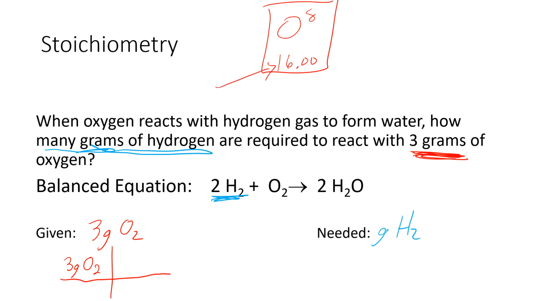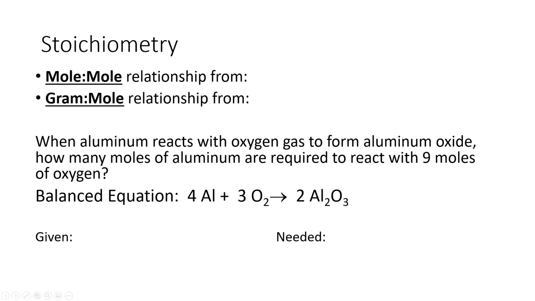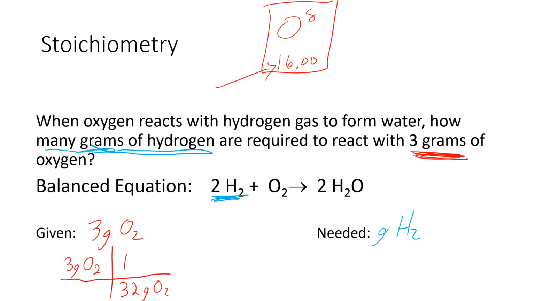So we're going to use that number there. And since there's 2 oxygens, we're going to need to multiply that by 2. So there's 32 grams of oxygen for every 1 mole of oxygen. Remember, anything on the periodic table is good for 1 mole. So that gets rid of grams of oxygen. Now we have moles of oxygen.